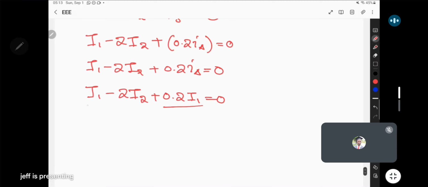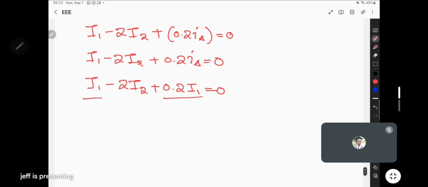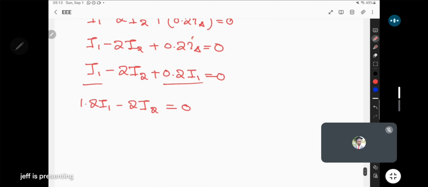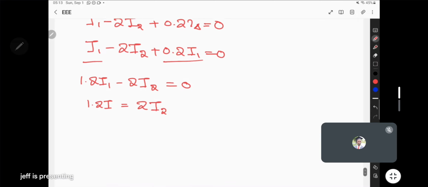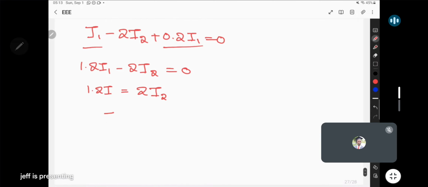This and this can now add up. We now have 1.2 I1 minus 2 I2 is equal to 0. From here, finally, we can say I1 is equal to 2 I2 over 1.2.